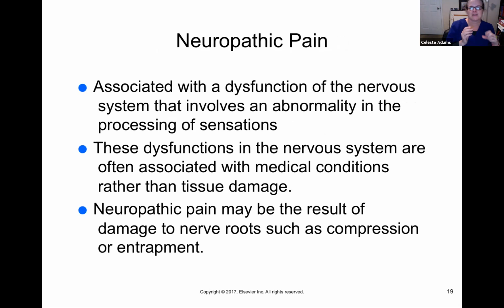So it's going to be neuro-based, something that involves an abnormality in the nervous system. Arthritis is more along the lines of an inflammatory process. So like I said, that's why I'm more inclined to say it would be more of a nociceptive pain than a neuropathic pain. I'll look more into that.